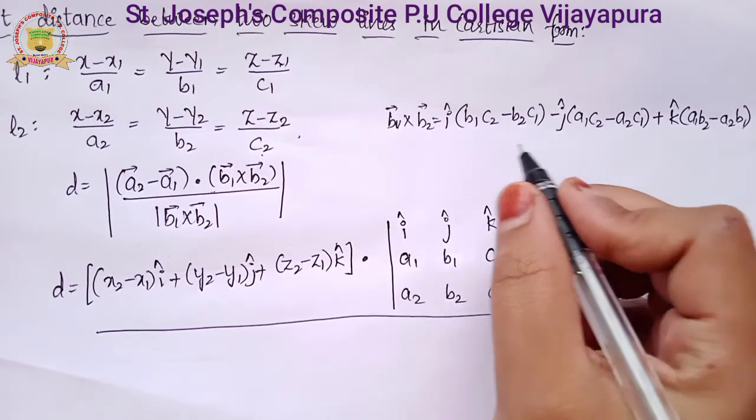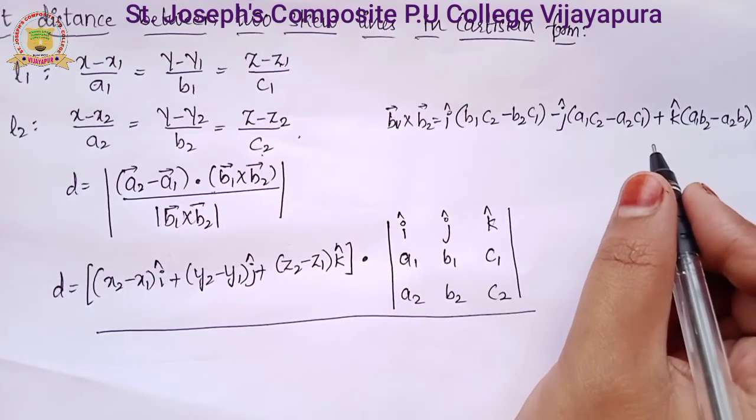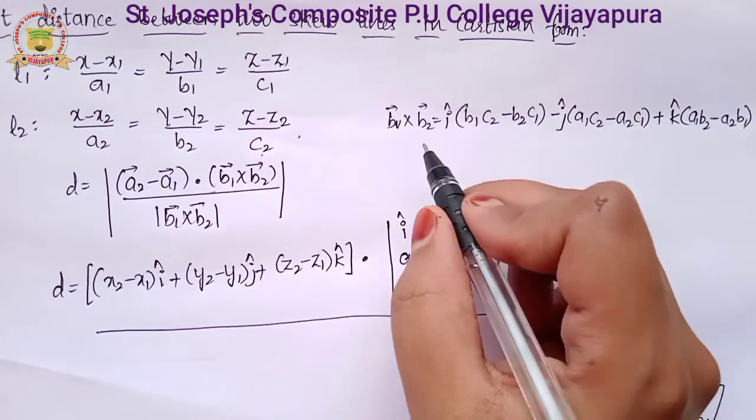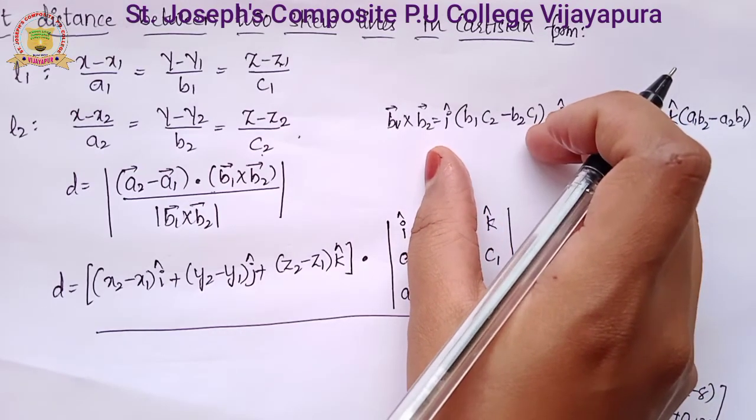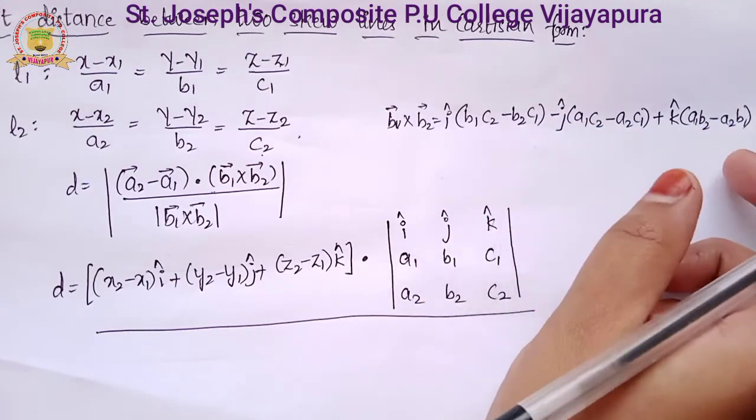Now we have to calculate its magnitude. How to find the magnitude of this b1 cross b2? It is the square of the coefficient of i plus the square of the coefficient of j plus the square of the coefficient of k.